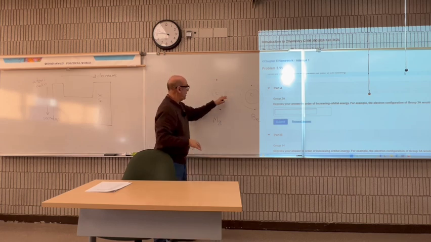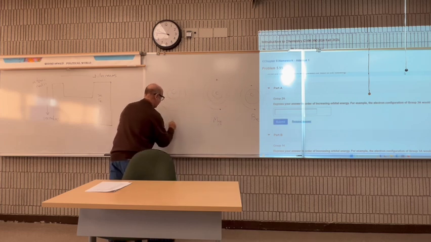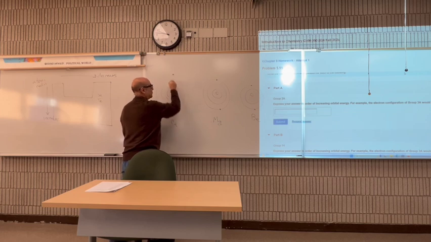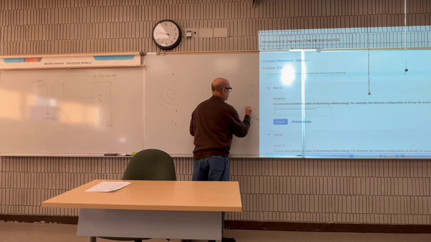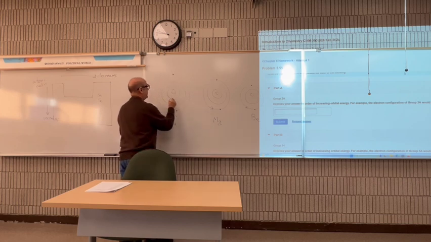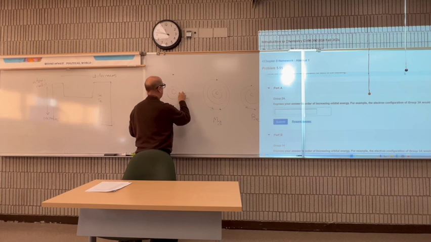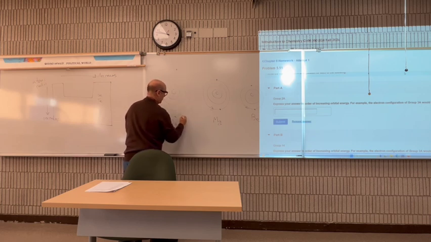We're only looking at the outside. In the next one below magnesium, calcium, 1, 2 electrons. And if we look at the levels, this is the second period, the third period, and 1, 2, 3, 4, this is the fourth period.